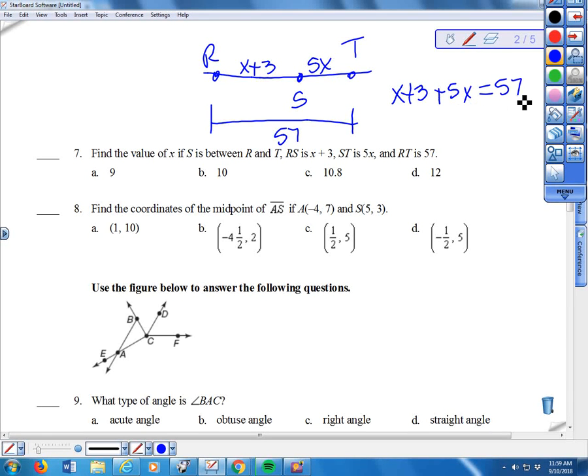Is that how you set it up? This segment plus this segment is the whole length. So 6x plus 3 is 57. 6x is 54. So x is 9. And this time that's what they wanted. They wanted the value of x.